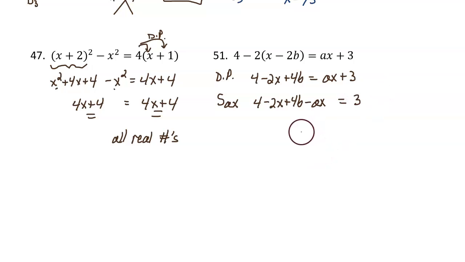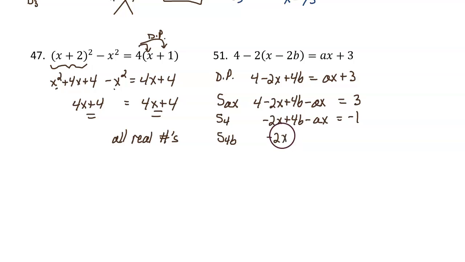We're trying to collect the terms with the x on the left side of the equation, so any other terms we want to move to the right side. Let's subtract the 4. So we have negative 2x plus 4b minus ax equals, and then 3 minus 4 is negative 1. Let's subtract the 4b term.